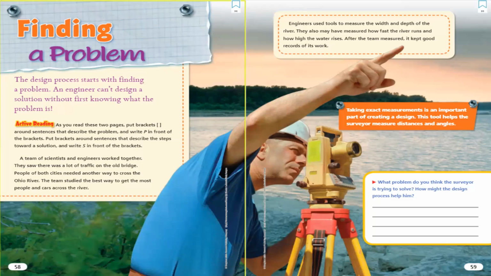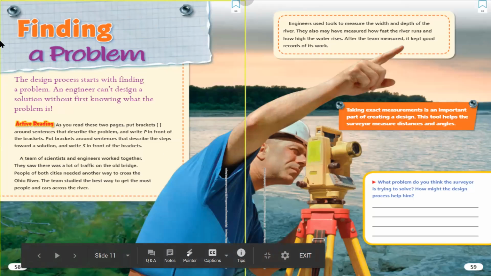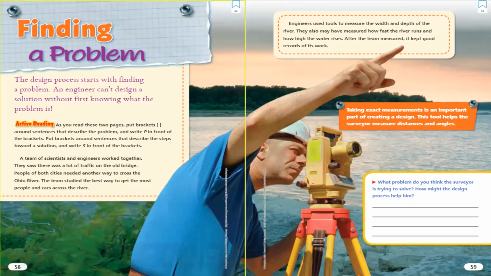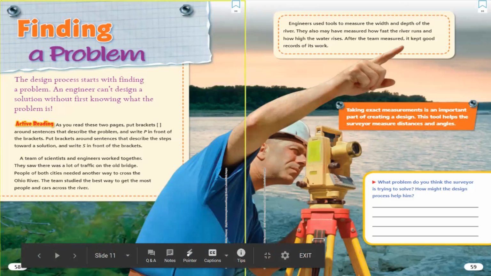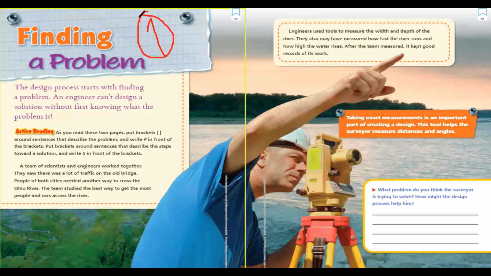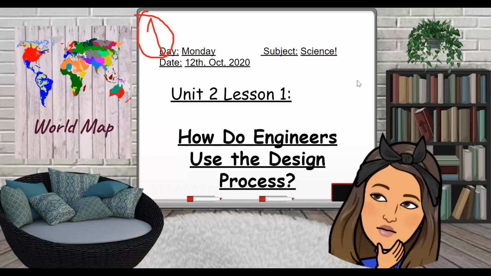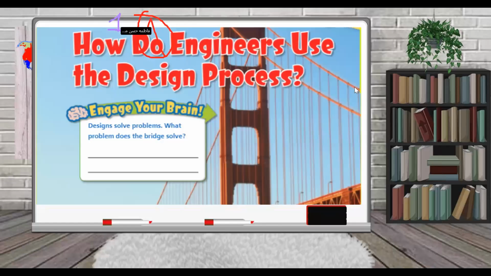Okay, good. So, the first step in your design process as an engineer, you have to find a problem. Please, guys, remember, this is number one. Number one is to find a problem. Look at here now. Yesterday, we were talking about the bridge, remember?